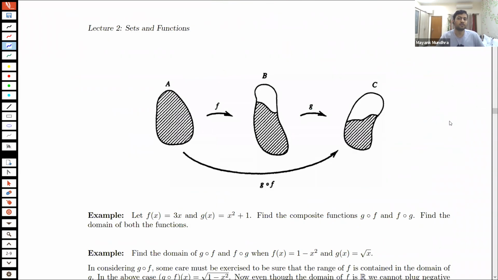But the thing in composition is, let's say you're going from set A to B and then B to C. The thing to keep in mind is that when you're doing this sort of calculation, let's say the entire set B is the range of function f.